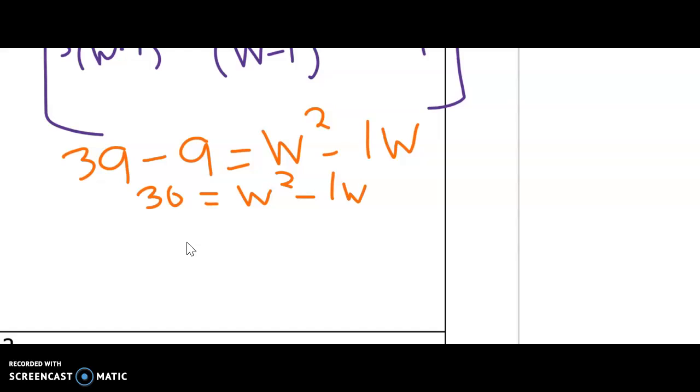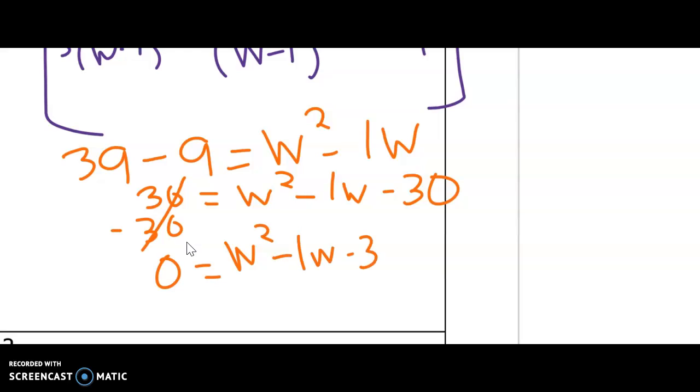We want our W squared to be positive, so let's keep our W squared there and let's move our 30 over to the right-hand side because we want this to equal 0. So we can go ahead and move that over. We can eliminate it on one side. So we have 0 equals W squared minus 1W minus 30.